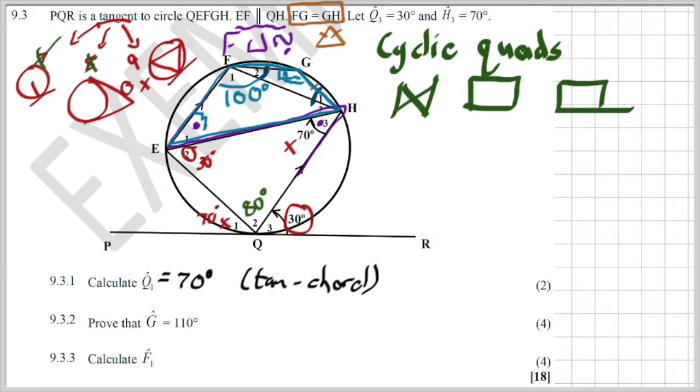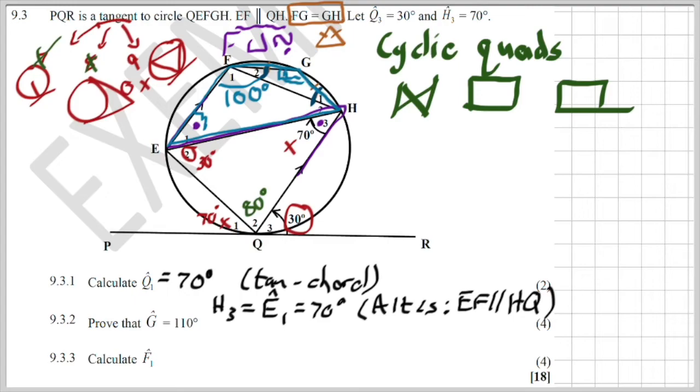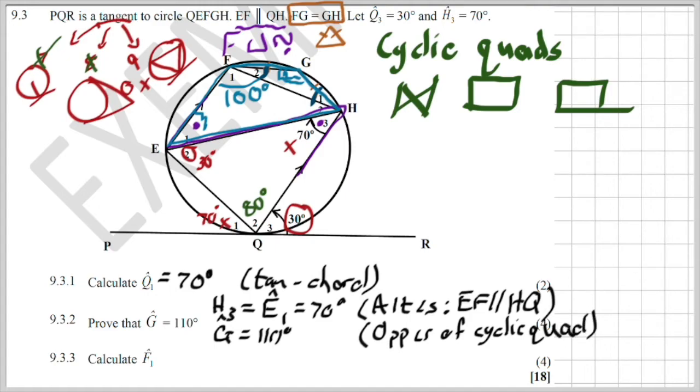But to which angle does E1 relate? That relates to H3. So I'm going to first of all say that H3 is E1 because of alternate angles, because EF is parallel to HQ. Next up, angle G is 110 degrees because of opposite angles of a cyclic quadrilateral. As easy and straightforward as that.